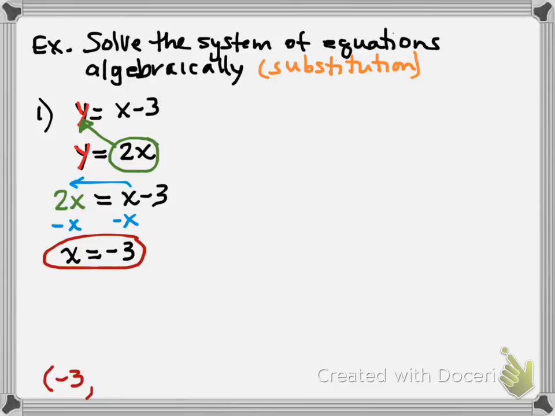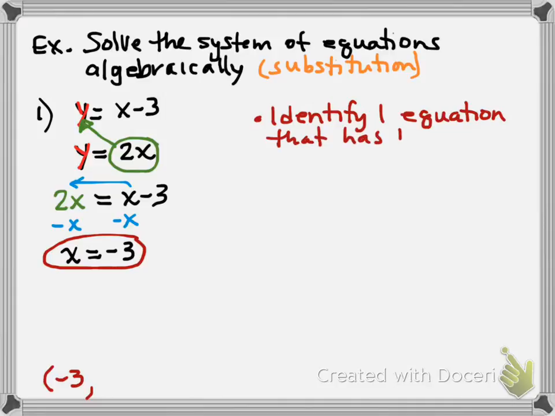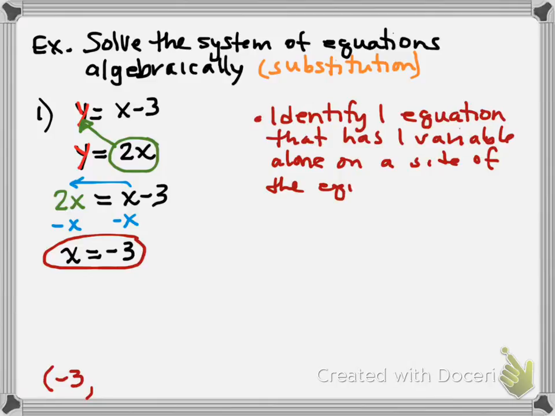Okay. So I'm off to the side. I'm going to write some steps. So first thing we did is we identify one equation that has one variable alone on a side of the equation. So that was our first step.